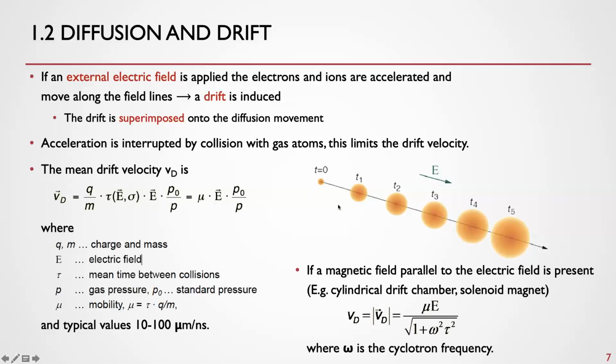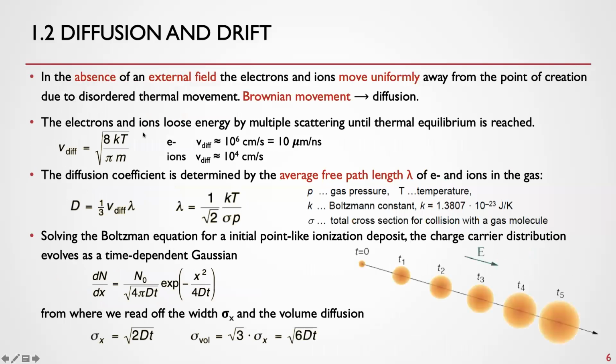Two more comments here. First, the drift velocity is very roughly inversely proportional to the pressure. If you raise the pressure, you have more gas molecules in the path of the ions and the electrons that are drifting, and so the drift velocity will be lower. On the other hand, we've also seen, I did not spell it out, that the diffusion coefficient via the average free path depends on the pressure.